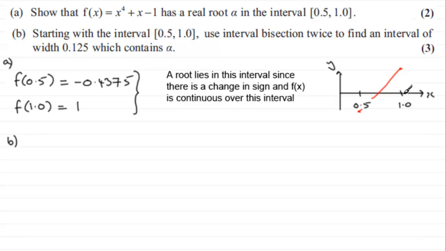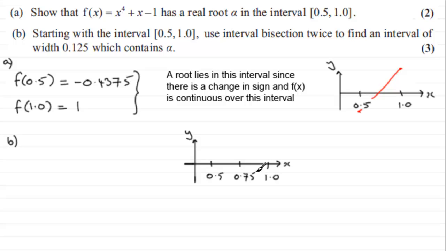Let's just draw a little sketch down here to see what's going on. It might help simplify things a bit. Okay, we've got x and we've got y. We're taking the interval 0.5 and 1 again, and we're cutting this in half. So cutting this in half is going to be the value 0.75. So just put 0.75 in there.